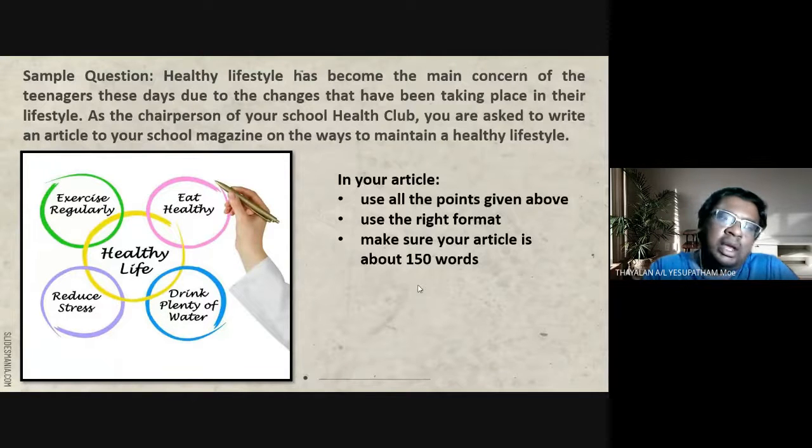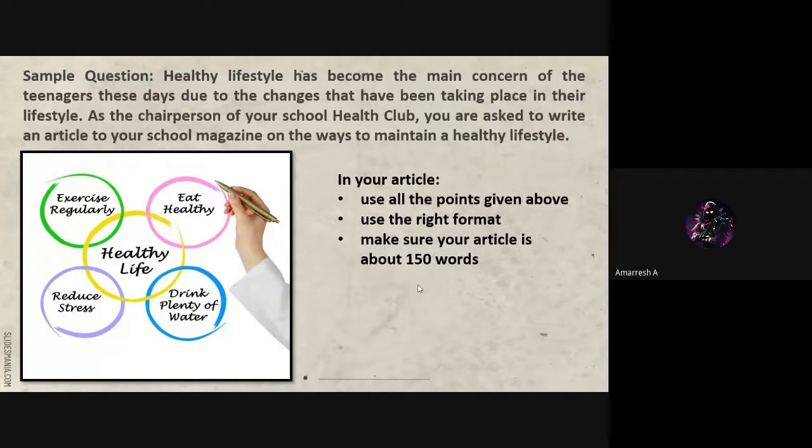Okay. Now let's look at the content points. What are the content points? What are the ways to live a healthy lifestyle? Amaresh? There are 4 ways, isn't it? Yeah. Exercise regularly. You got to eat healthy.